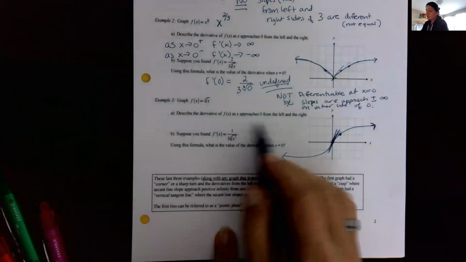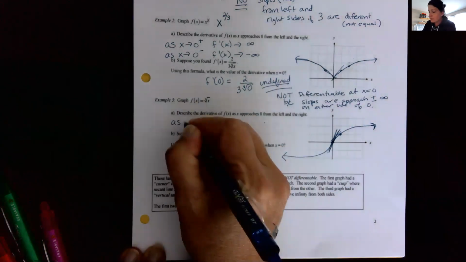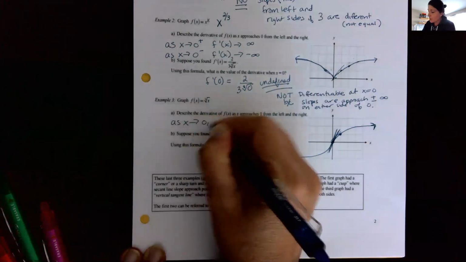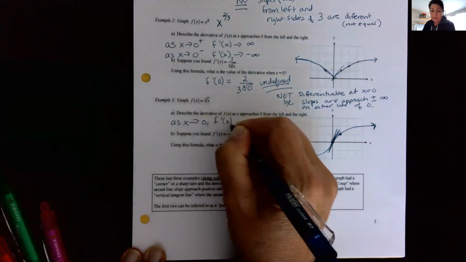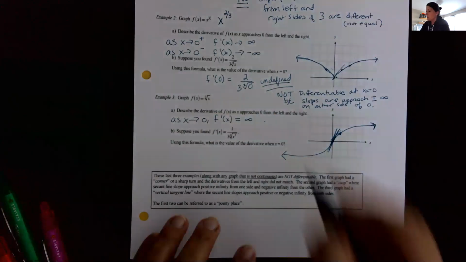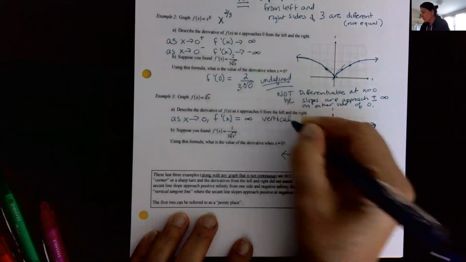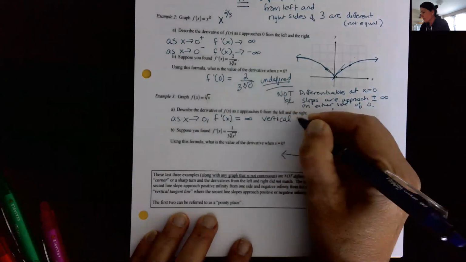So how do we describe that? As x approaches 0, f prime of x approaches infinity. Vertical tangent lines.